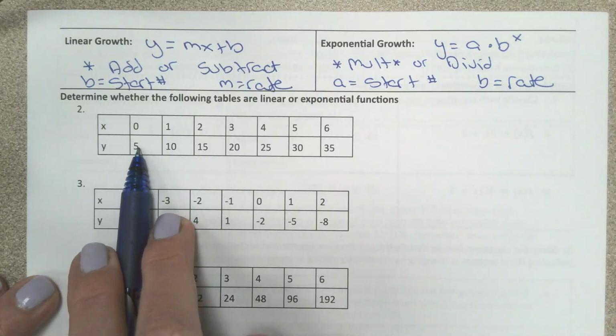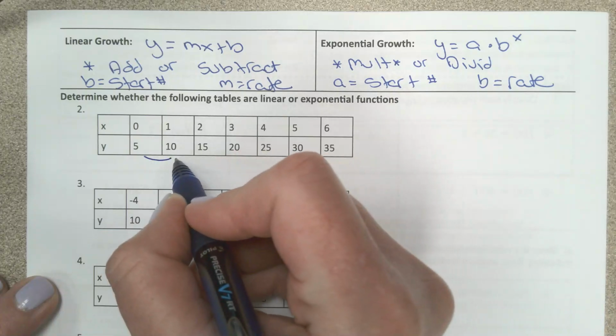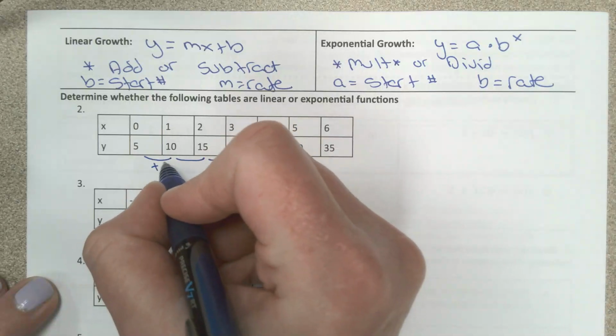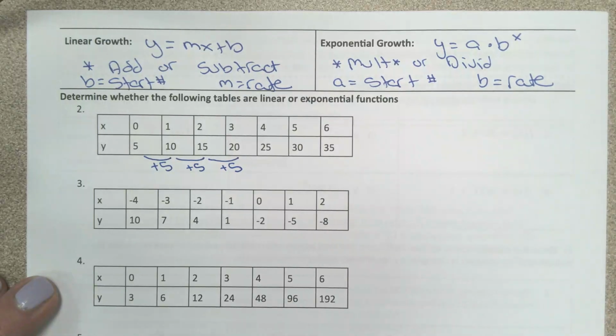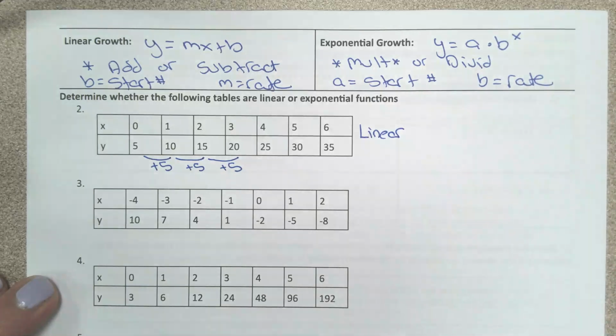All right, so when I look at the y's, I need to go from 5 to 10, 10 to 15, 15 to 20, and so I seem to be going consistently up by adding 5. So I would say that this one is a linear function.